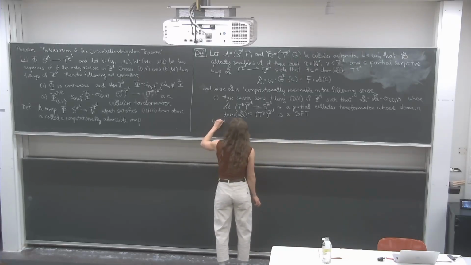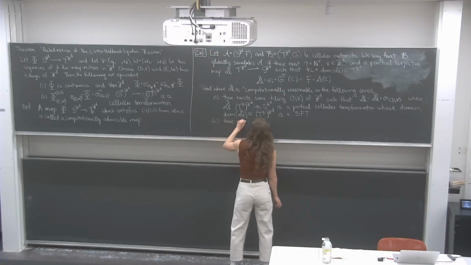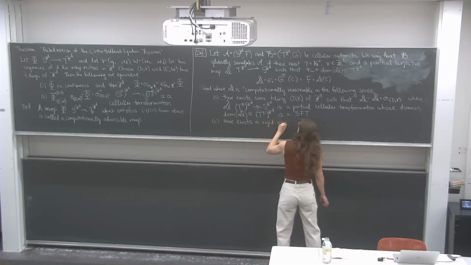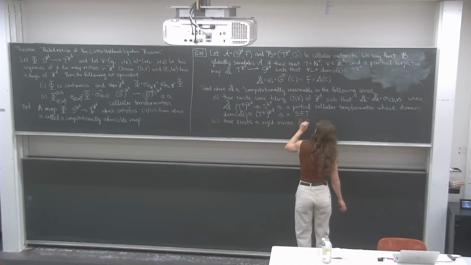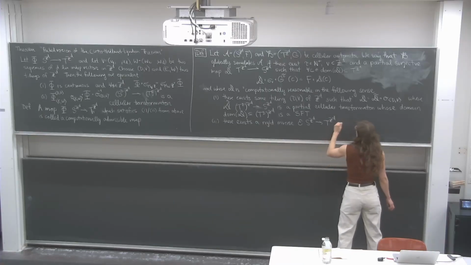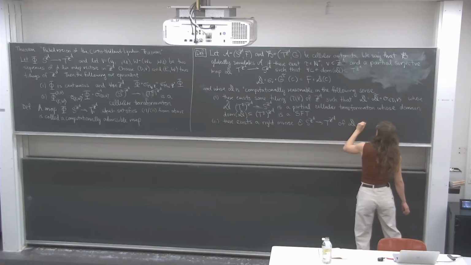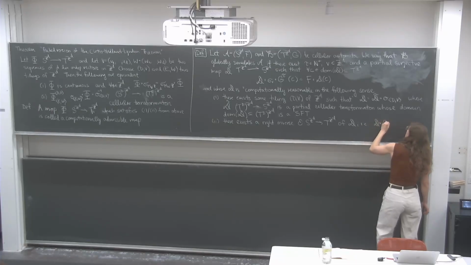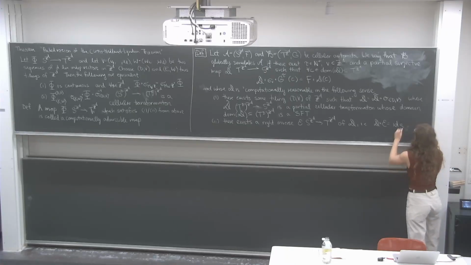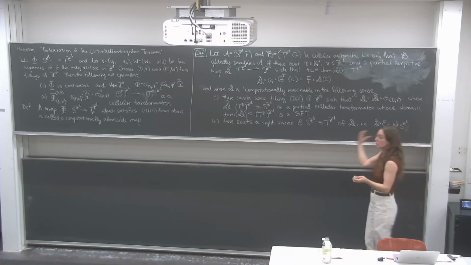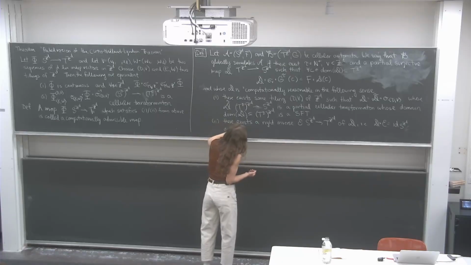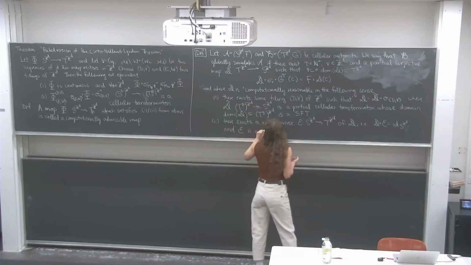So there exists a right inverse E from S to the Z to the D to T to the Z to the D of D. This just means that if we first encode and then decode, we get an identity on the configuration space S to the Z to the D, and E is a computationally admissible map.